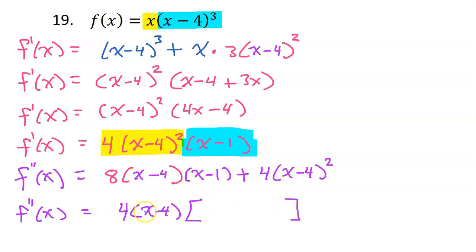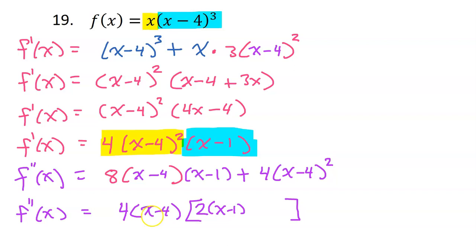If I take out a 4, so this 8 is going to become a 2. I've taken out the entire x minus 4 from this first factor, so that's gone. It is going to leave behind the x minus 1. So I'm going to have this 2 times x minus 1 sitting there.